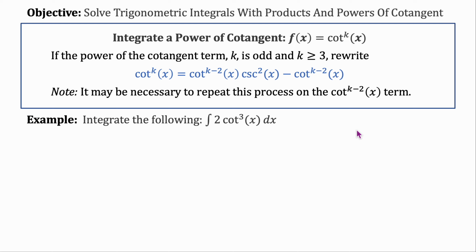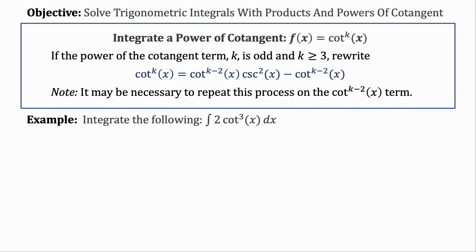So to integrate the following, note that our power here is a 3, which fits this category. It's odd, and it's greater than or equal to 3. So what are we going to do? Remember, we're going to use that Pythagorean identity. We're going to replace two of our cotangents with its equivalent: cotangent squared is equal to cosecant squared minus 1.